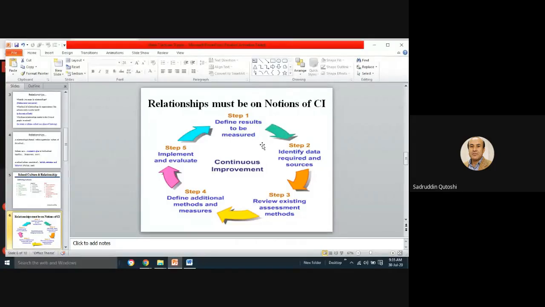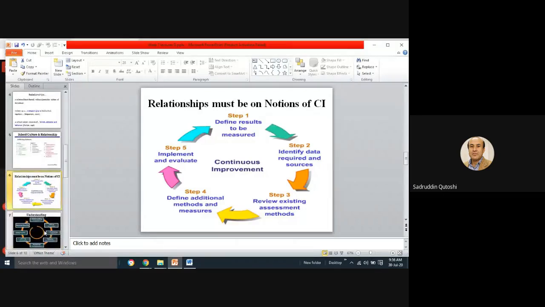In this way, you can build very positive relationships which are professional as well as social. So that's how you can understand this important notion of relationships on the basis of continuous improvement.